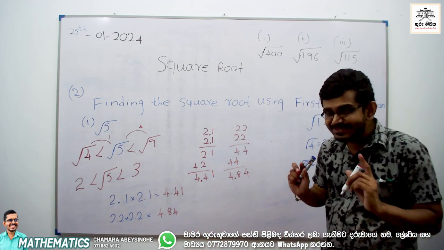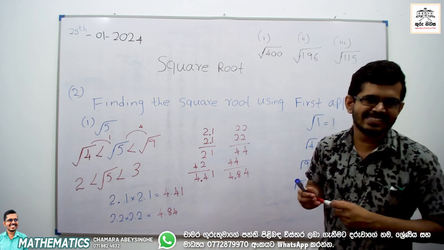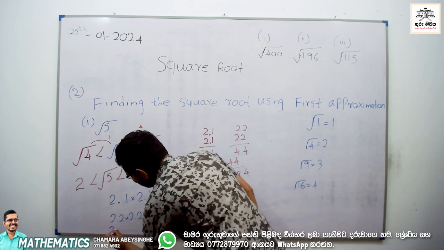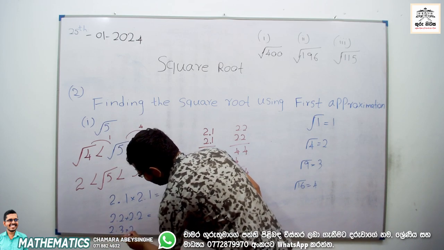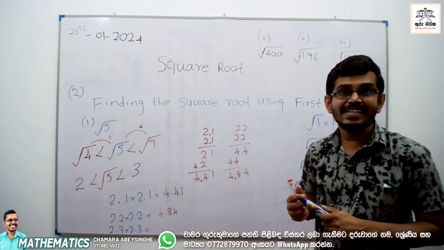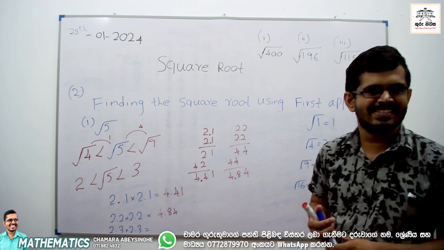But that is not the answer. Exactly, we cannot say yet that 2.2 is the answer. We have to check 2.3. 2.3 multiply 2.3 will not create exactly 5; it gives the nearest value to 5.